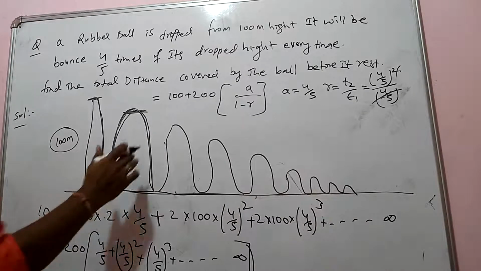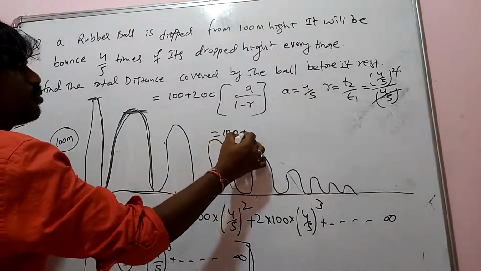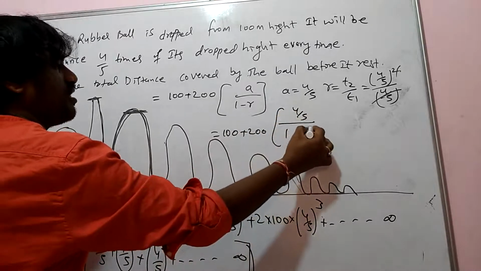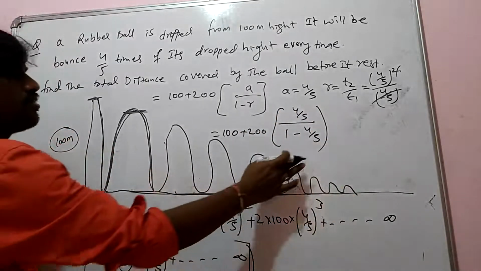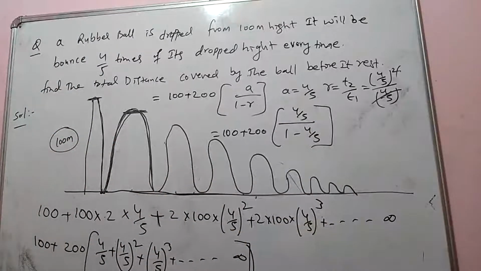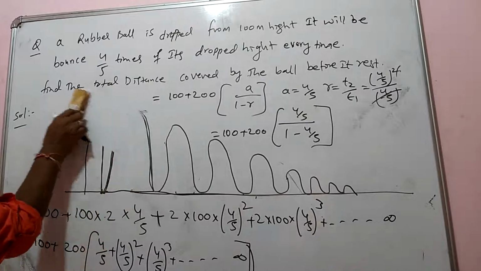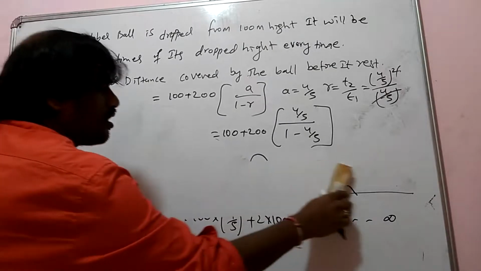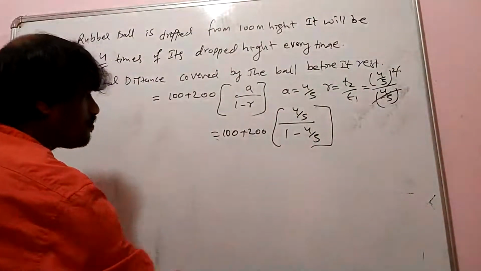So I can substitute here: 100 plus 200 into 4 by 5 divided by 1 minus 4 by 5. Just simplify this. Did you understand this?